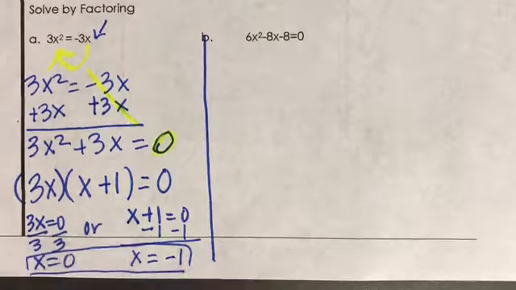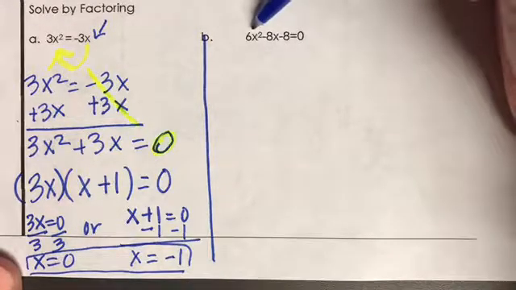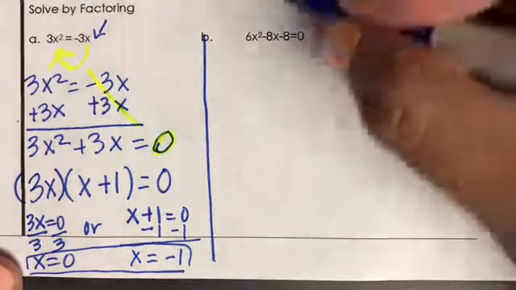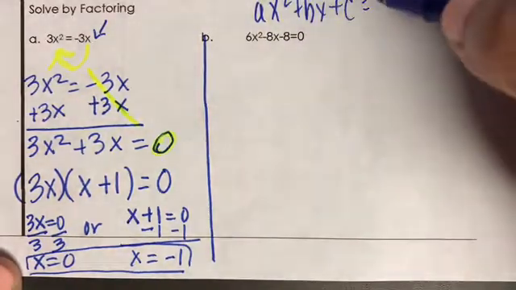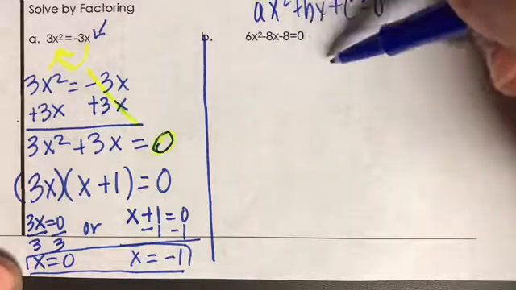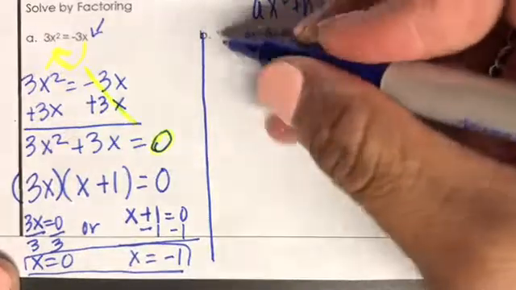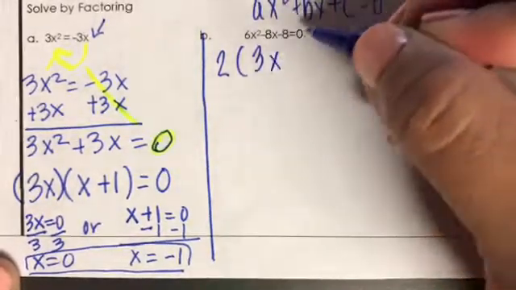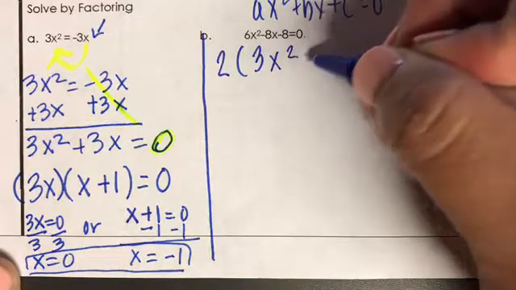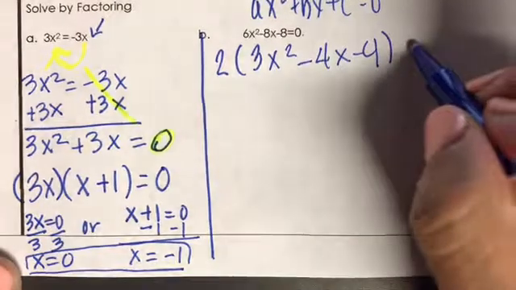Now for the second one, for b, let's go ahead and factor. This is in standard form, which means everything is on one side of the equal sign and the 0 is left alone. So let's take out the GCF of 2. I'm going to be left with 3x squared minus 4x minus 4 equals 0.